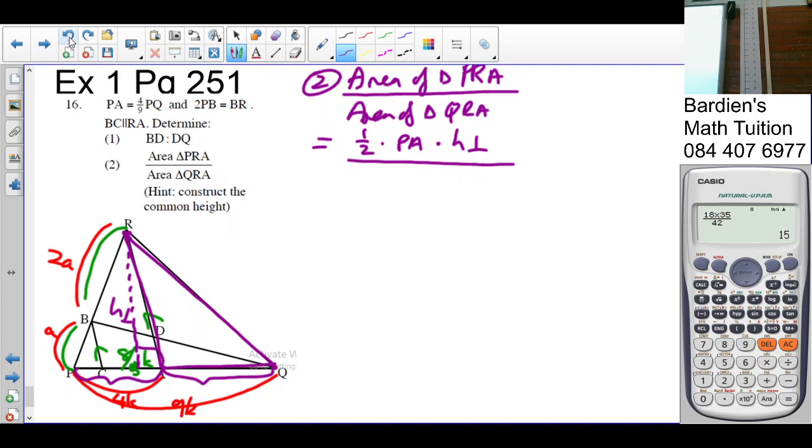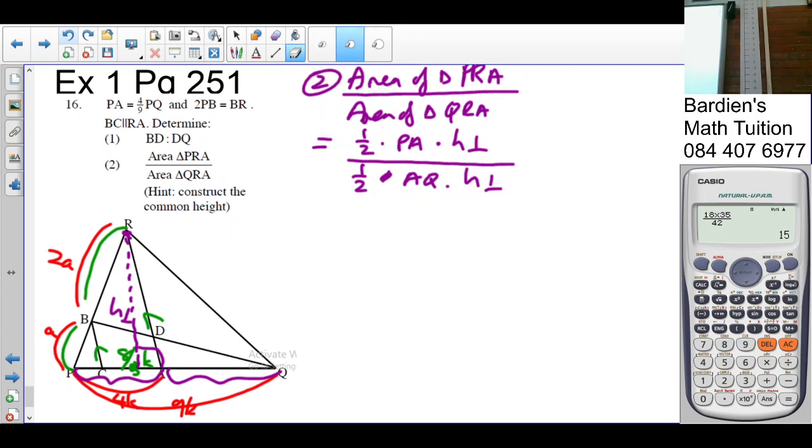So the area of this triangle is going to again be half, my base AQ times your perpendicular height H. What you note at this point is that our halves cancel and the perpendicular heights cancel, which leaves you with PA over AQ.